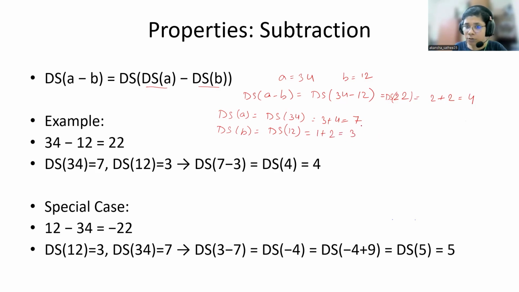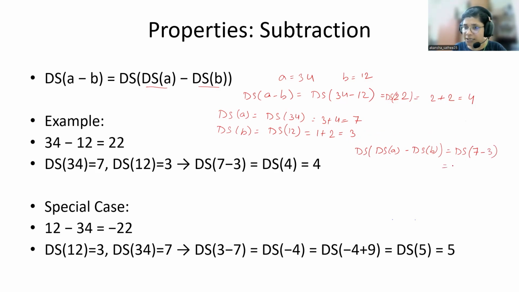Now digit sum of A minus digit sum of B. Digit sum of A is 7, digit sum of B is 3.